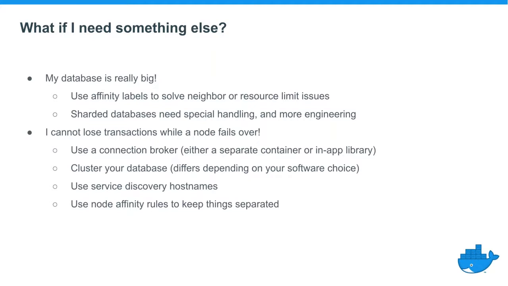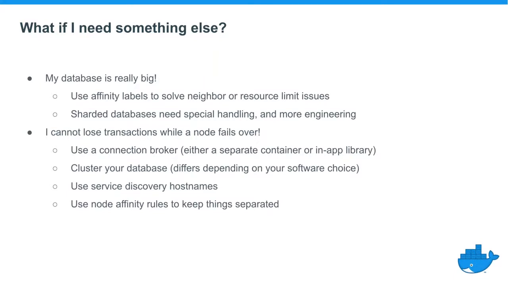Sharded databases as well. You're going to be running multiple instances of the database, and they need special handling and more engineering. You have to make sure that your service and pod definitions in your YAML files in Kubernetes are taken care of, as well as whatever the native conditions are. To launch all that has to be automated, fully written in to make sure that you can handle the shards as well.